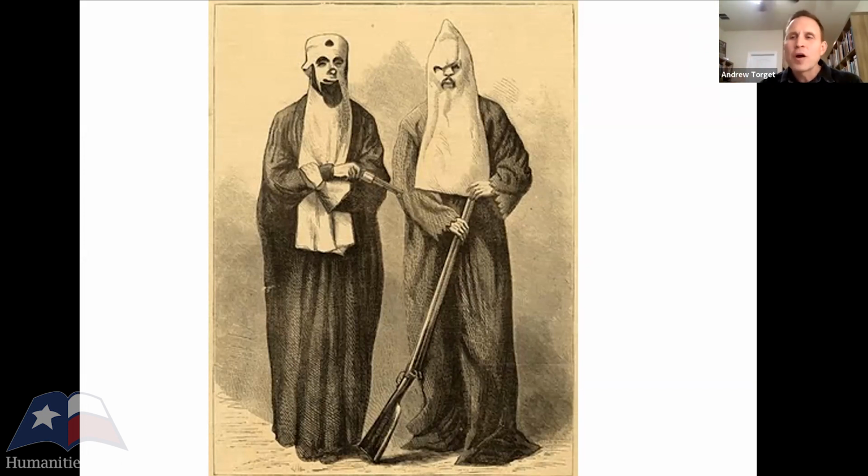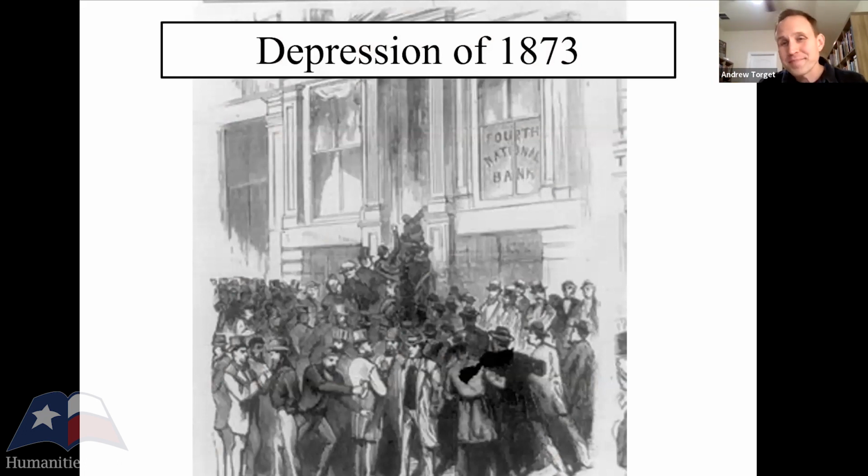And so that really quashed most of the Klan activity. The Klan will live on in its own little ways, and it really flourished in the 1920s. But it gets shoved aside, which is to say that ex-Confederates have to find a different way. That's what they decide. They've got to find some other way to deal with all these problems, because using violence and terrorism isn't working as well as they necessarily had hoped.